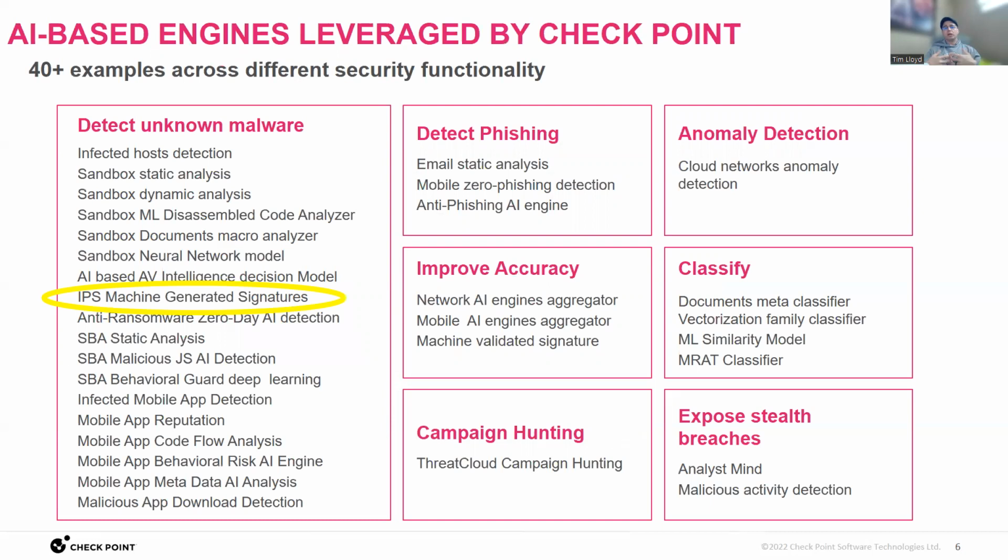Many of, not all, but many of our IPS signatures are machine generated. So coming from our AI capability and our deep learning capability, some of those signatures are machine generated. So we've got people who are putting together signatures and we're releasing them based on what's out in the industry, what's important coming from other vendors as far as CVEs are concerned, but we also are doing our own work against those 0-day attacks that really nobody is aware of yet.